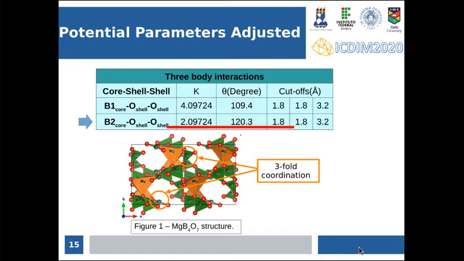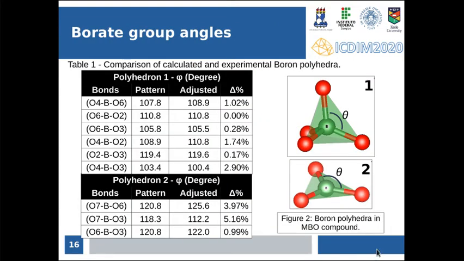Because we use this model, it was possible to describe the angles more accurately, as I show here. We have a maximum difference of 5%. It's still good for this modeling.